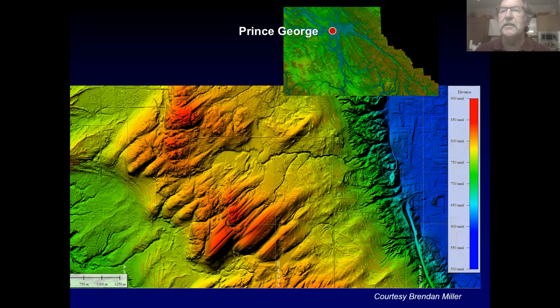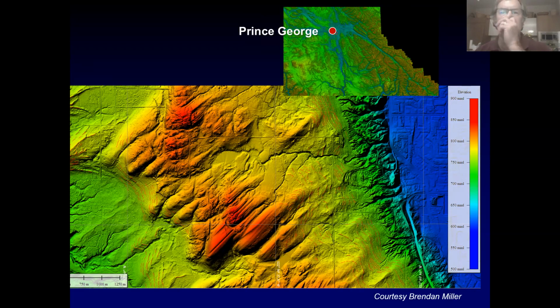But if I had had LIDAR, I could have said a lot more about the glacial story, because you can see these beautiful drumlins or drumlinoid ridges that are shown here in the red and orange hues that record ice flowing from lower left to upper right when this area was covered by ice. And ornamenting those, or etched into those, are those red lines, beautiful shorelines of Glacial Lake Fraser as it gradually lowered through this period of deglaciation.